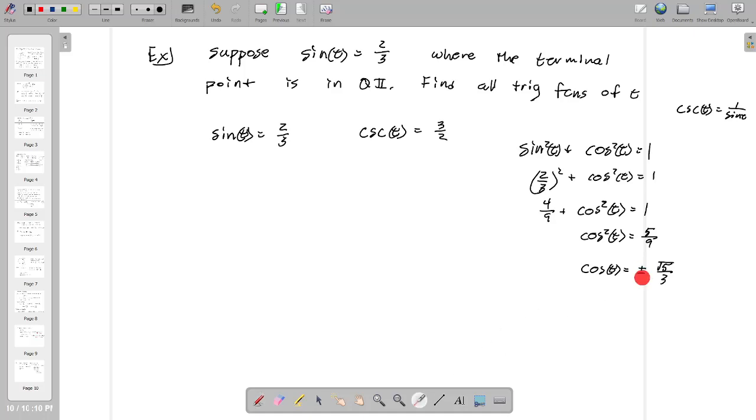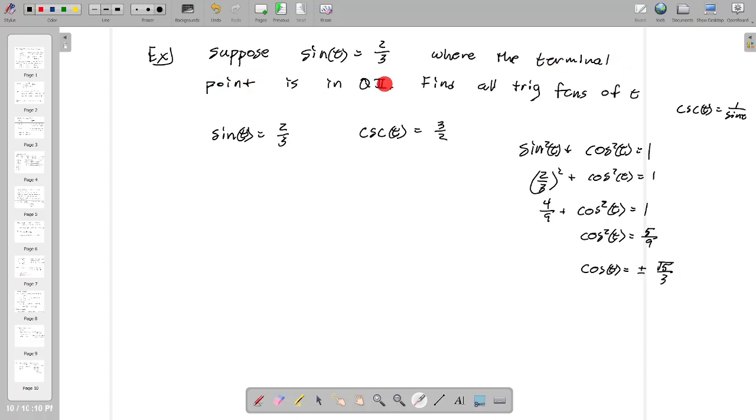Now there's a reason we have two different answers. These are the two solutions to this equation. They're not both solutions to this problem, they're both solutions to this equation. Remember, this equation is the equation of a circle, so if we're given a y value, there are two possible x values, a positive x value and a negative x value. What we need to do is determine whether cosine is positive or negative by looking at the terminal point.